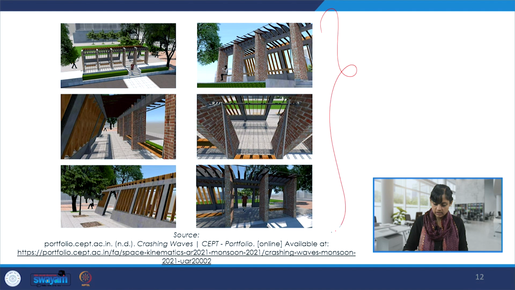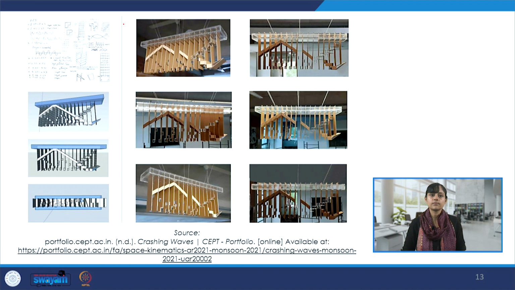Some more renders. So this is the overall summary. I also put this slide earlier. So from the conception to the execution, everything is fairly detailed out and actually executed on ground.